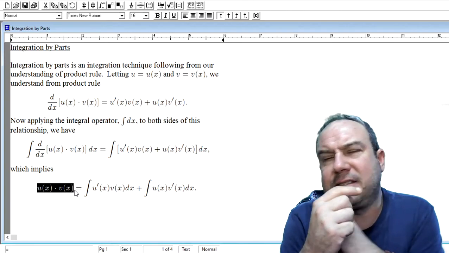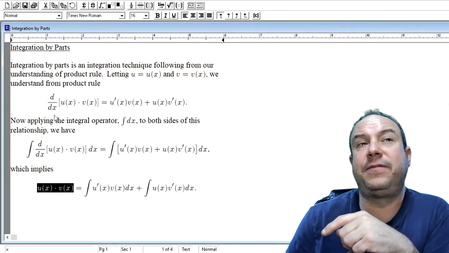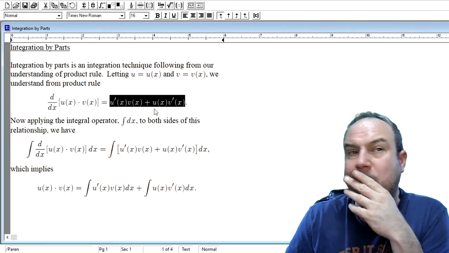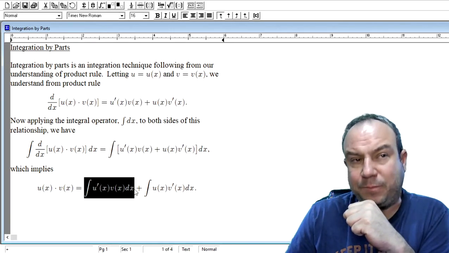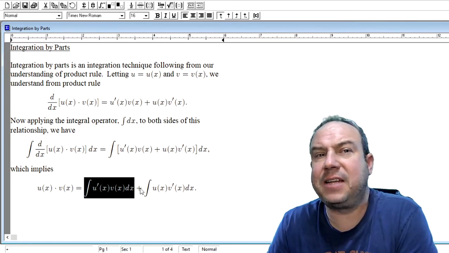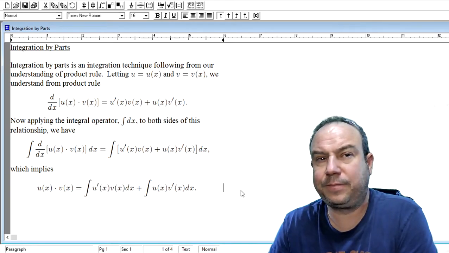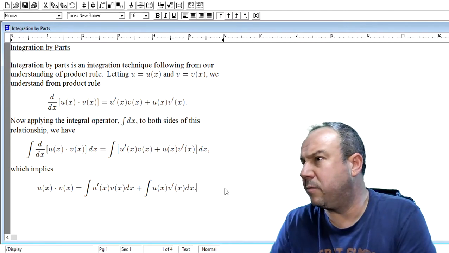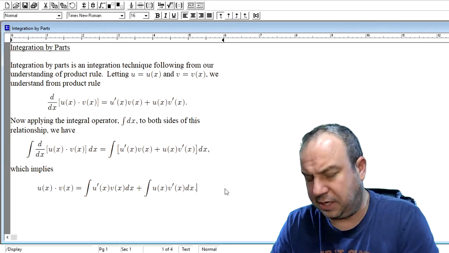Over on the right-hand side, the integral operator applies itself to the sum of these 2 terms and distributes across them. You'll have the integral of u prime of x times v of x dx added to the integral of u of x times v prime of x dx. Applying the integral operator to the result given by the product rule produces this result seen here.